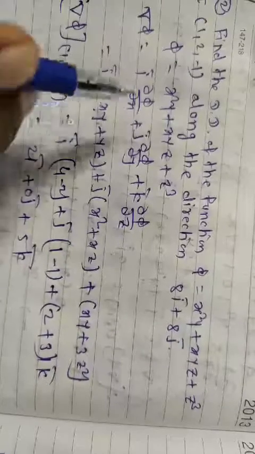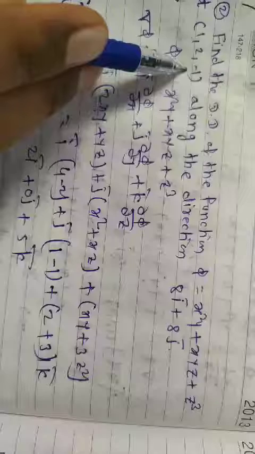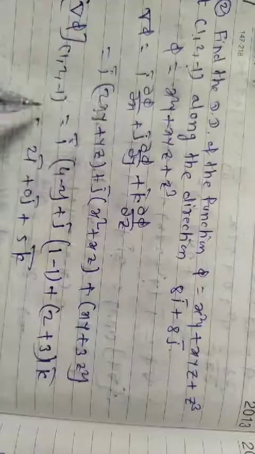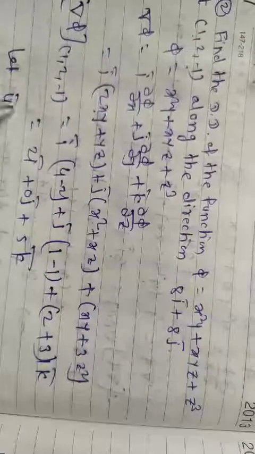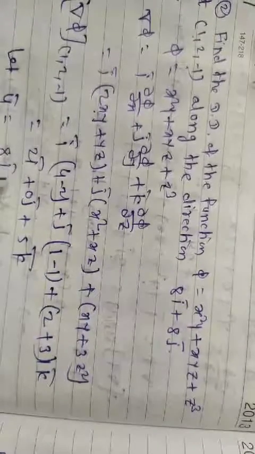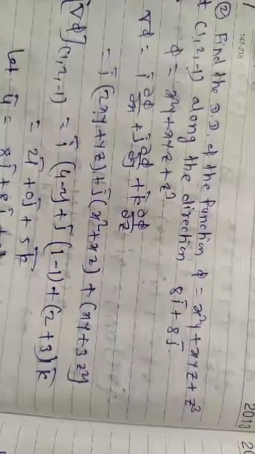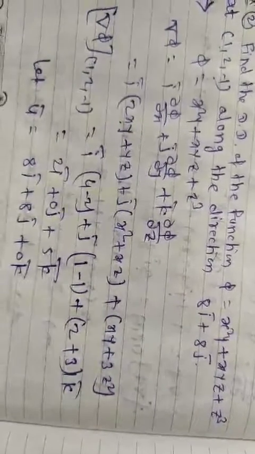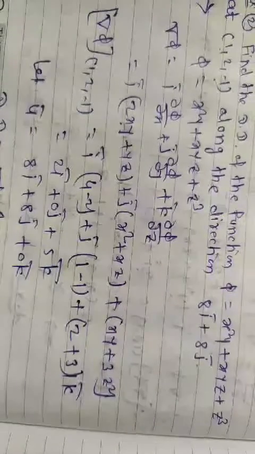So this is del phi at point 1 2 minus 1, because our question is find directional derivative of phi at point 1 2 minus 1 in the direction of directional vector given as u bar is equal to 8 I bar plus 8 j bar. K bar is not given, so write here 0 k bar. So what is directional derivative? Directional derivative is equal to del phi dot u cap.